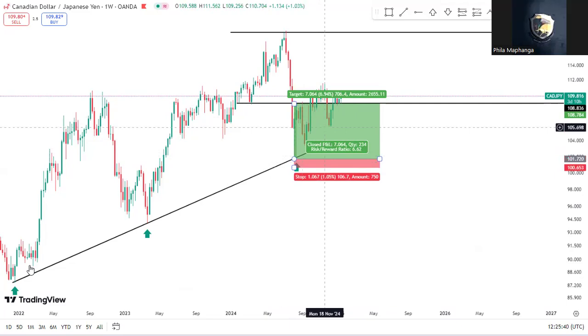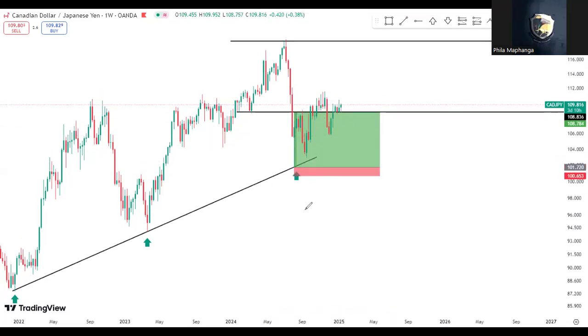Or I just go like this. Let's say if my risk is 1, my reward is supposed to be 5. 1:5.